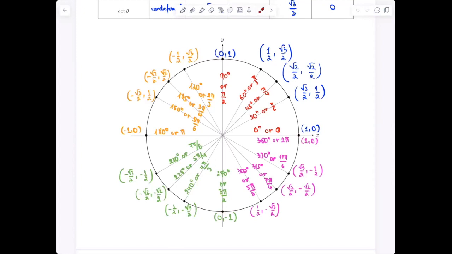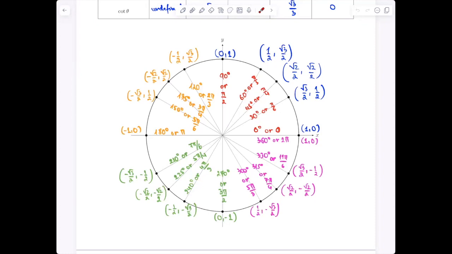Further, we need to exclude not only pi over 2 and 3 pi over 2, but you can continue the cycle to 5 pi over 2, then 7 pi over 2, then 9 pi over 2, and so on and so forth, forever, because these are periodic functions and you just keep going forever if you like.